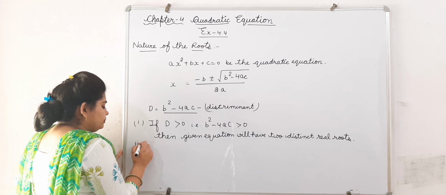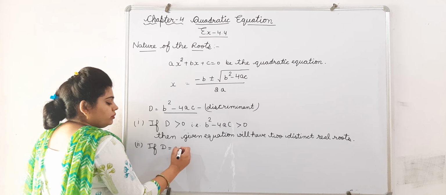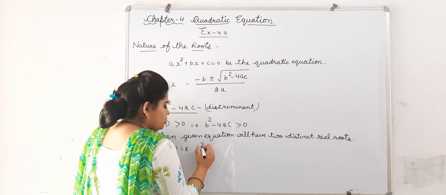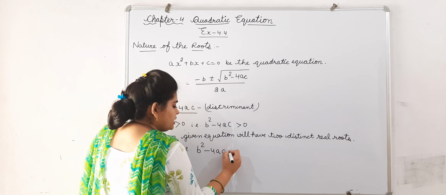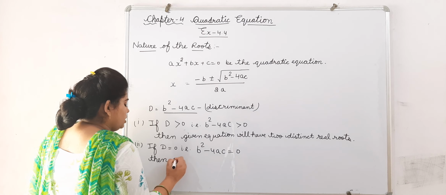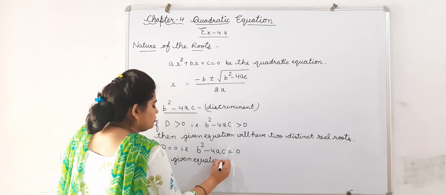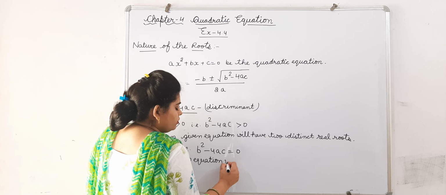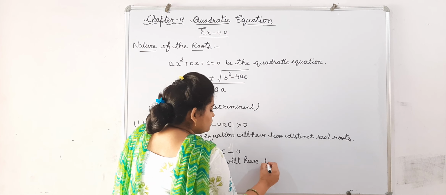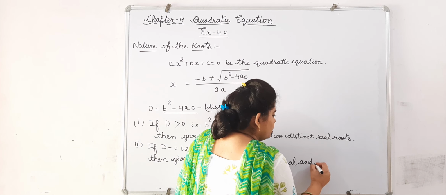Second, if D is equal to 0, if the discriminant is equal to 0, that is b square minus 4ac is equal to 0, then the given equation will have two real and equal roots.